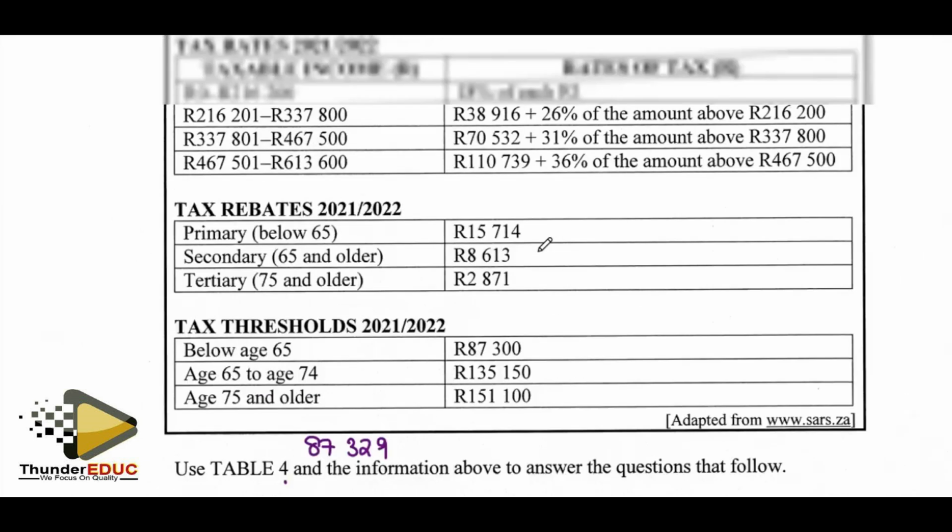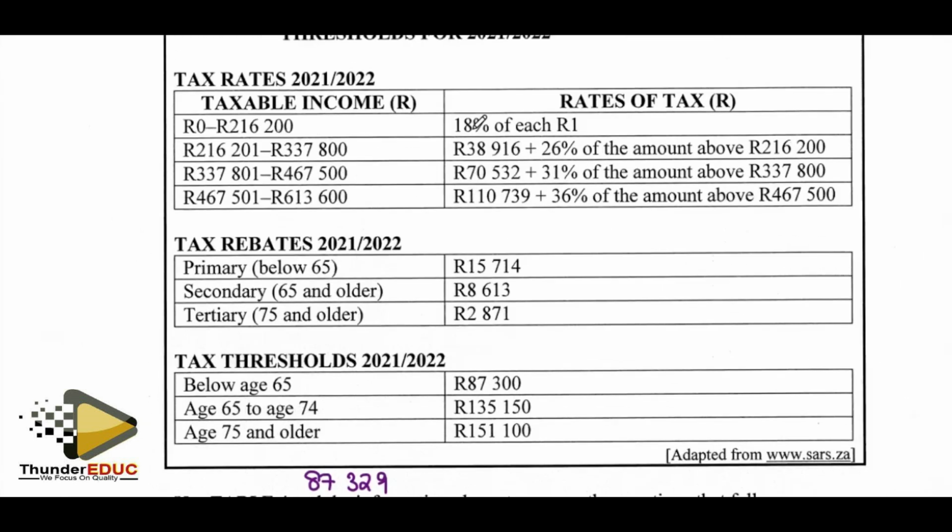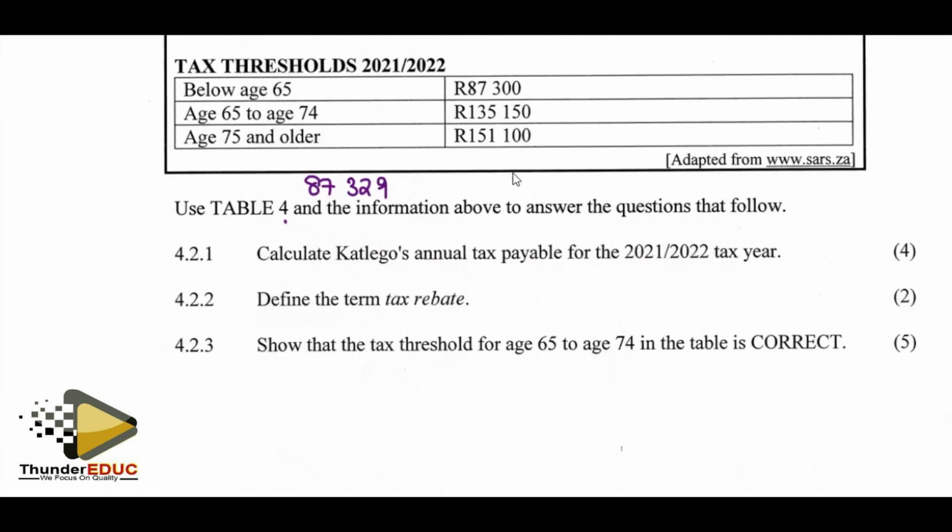So we shall come here. Which bracket does it belong to? It definitely belongs to bracket number 1. Bracket number 1 says take 18% times the income. When you do that, it gives 15,719.22. We subtract the rebate.